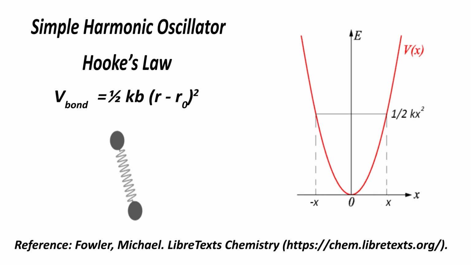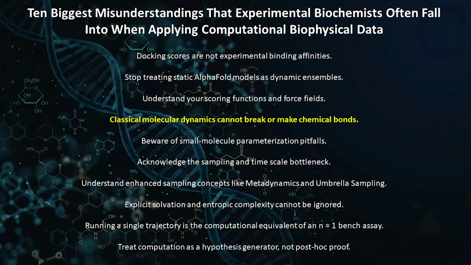The potential energy of a bond is calculated based on a force constant, and that's the stiffness of the spring. And that's multiplied by the square of how far it stretches from its ideal equilibrium length. That's visualized in the equation shown here. And so this mechanical simplification leads us directly to tip number 4.